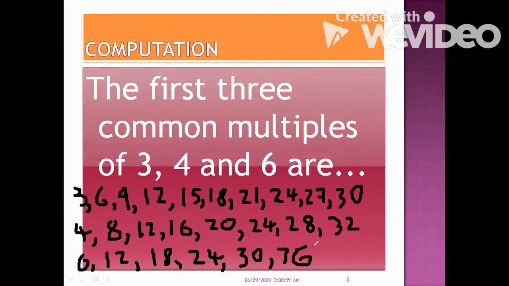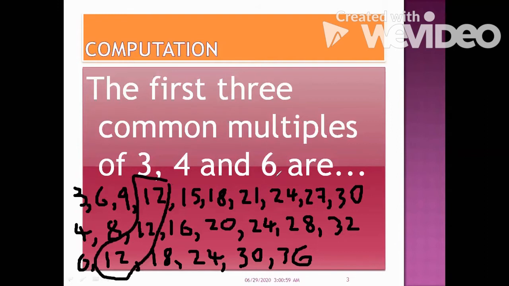Alright, as you can see, 12 would have been the first common multiple.